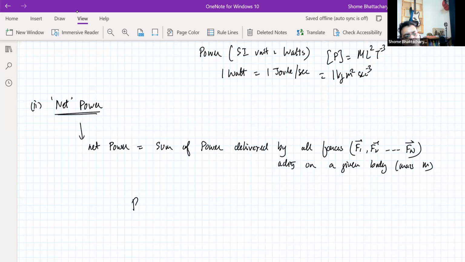So this net power will become summation of F dot V. So that we can write as this also. So that becomes the net force.